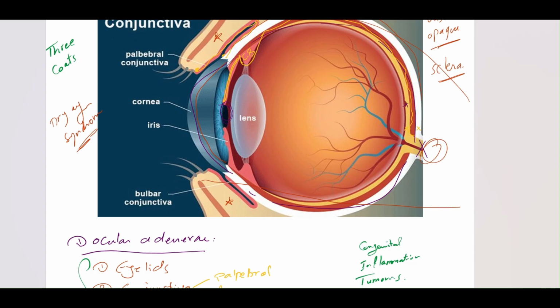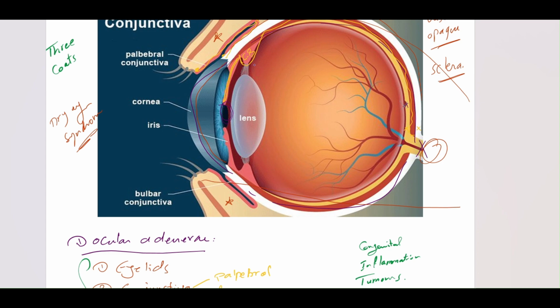The ciliary body has few, we can call it ropes. They are meant to hold the lens in place just behind the iris. The lens is the second optical structure responsible for focusing light on the retina.